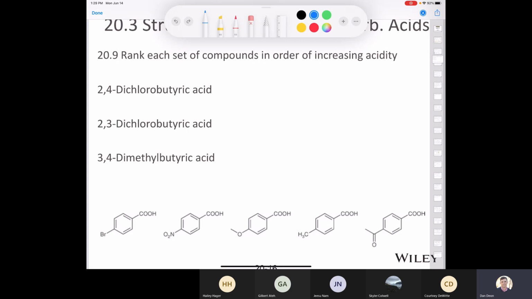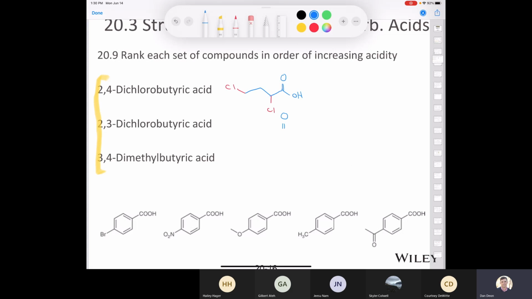This is actually divided up into two separate problems here. And we're going to rank these compounds in order of increasing acidity. So we've got 2,4-dichlorobutyric acid. So we'll start by drawing that. We've got butyric acid, 1, 2, 3, 4. So we've got 2,4-dichlorobutyric acid.